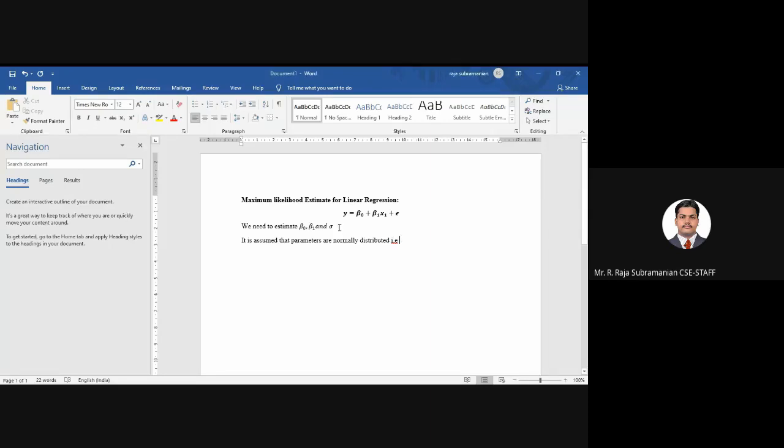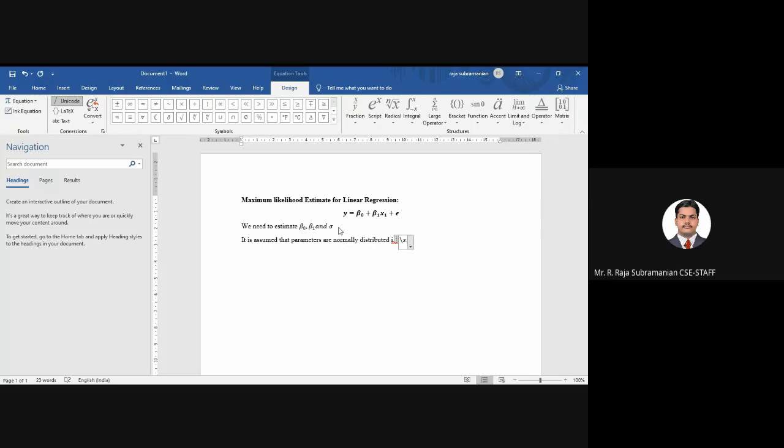If the parameters are normally distributed, I can write that epsilon, that is the error, belongs to the normal distribution. In a normal distribution, we say that the mean is always 0.